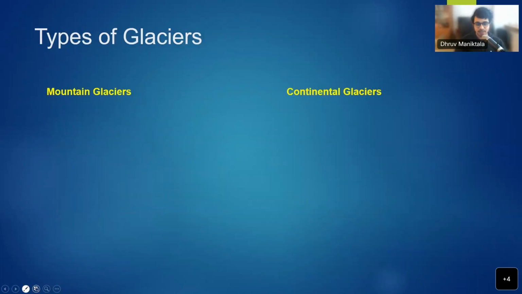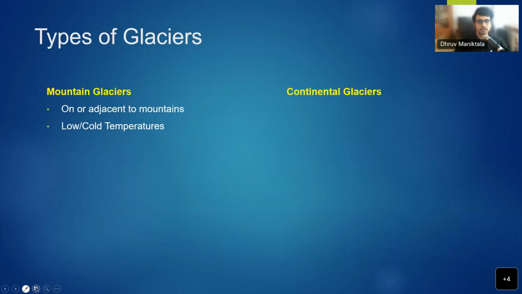So as I described earlier, there are two types of glaciers mostly, mountain glaciers and continental glaciers. Mountain glaciers are glaciers formed adjacent to the mountains or on the mountains, basically in the valleys or on top of mountains. The temperature needs to be really low and cold, which we get with increasing height.